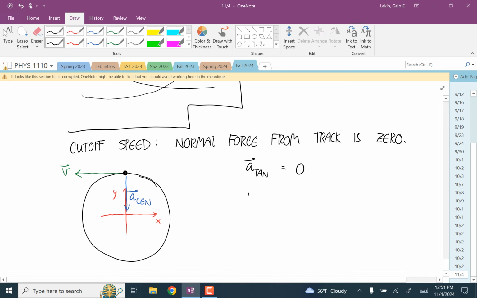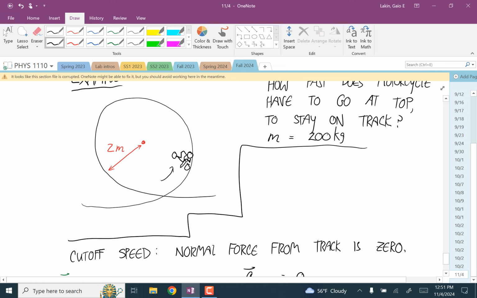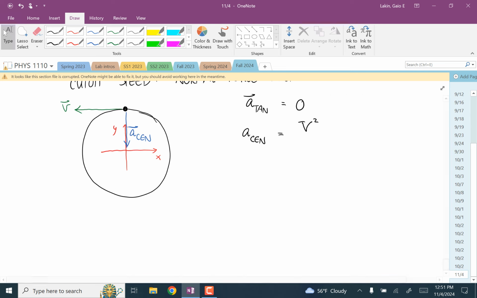The magnitude of the centripetal acceleration is v squared over r. R is 2 meters. That's the radius of this circle. And we're trying to calculate that speed, so we can't put a value in yet. This centripetal acceleration is in the negative y direction.